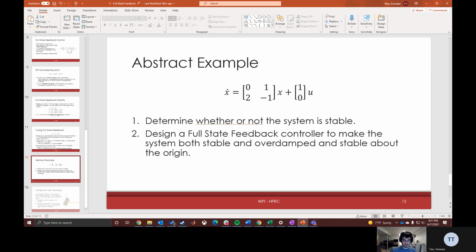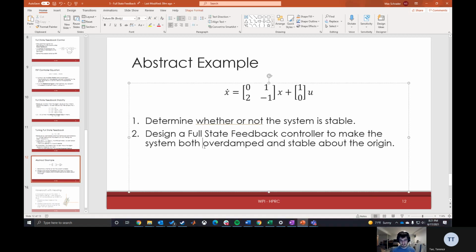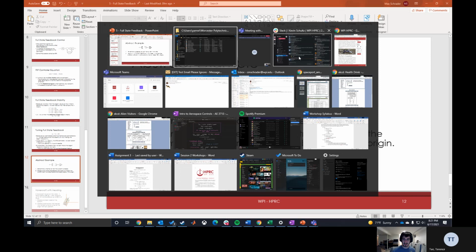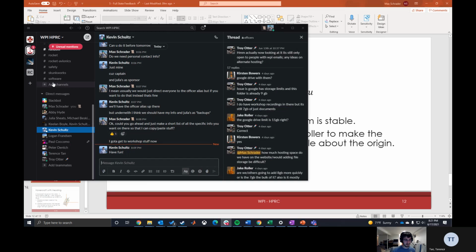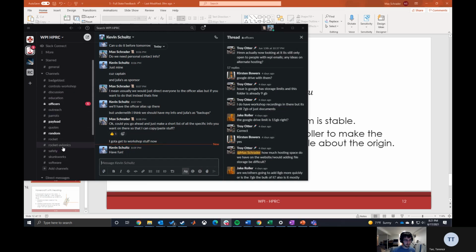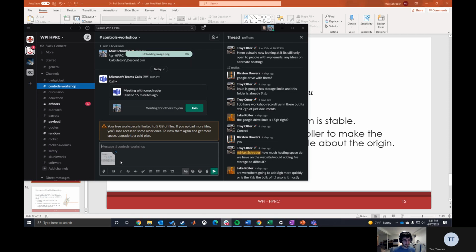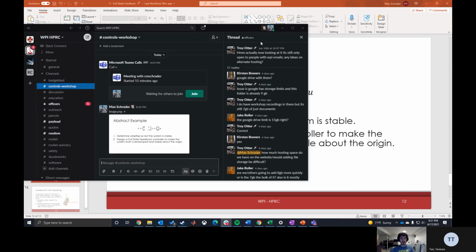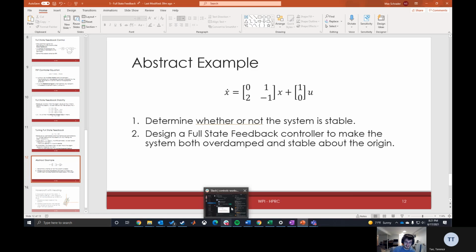Basically make it overdamped about the origin. You can actually do this analytically, although I won't make you hand calculate eigenvalues if you don't want to.